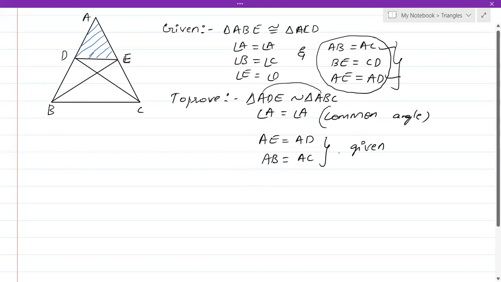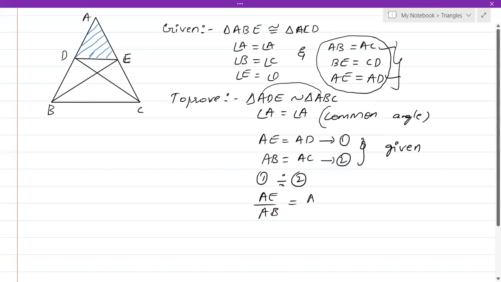Now, let me take this as equation 1 and equation 2. Why are these two equal? Because it is given. Now I'll divide 1 and 2. If two things are equal, even after dividing, they'll be equal, isn't it? So AE by AB will be equal to AD by AC.